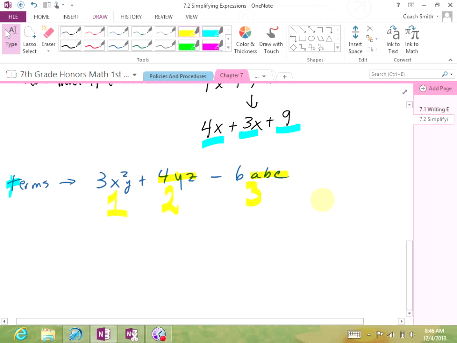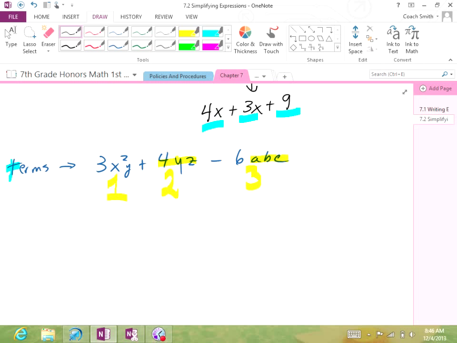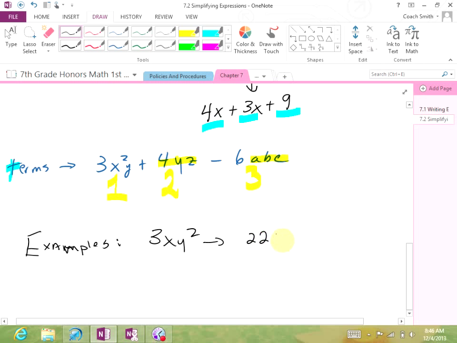So, let's go back to our like terms. Let me give you some examples of like terms. 3xy squared. A like term would be 22xy squared. My definition says the variable has to be the same.